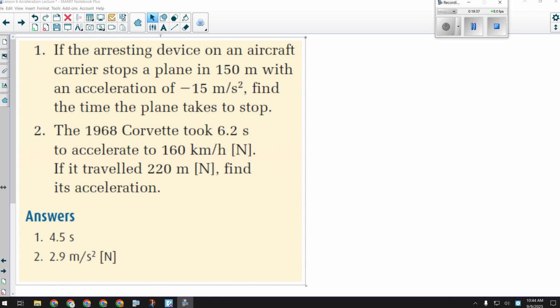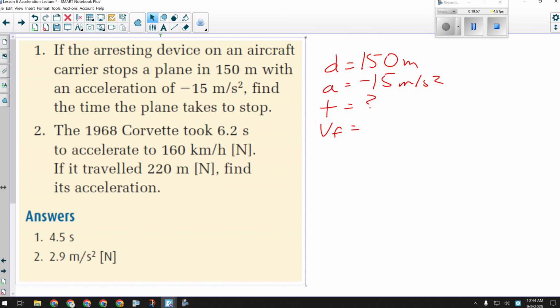We know that the distance they travel is 150 meters, and that their acceleration is negative 15 meters per second squared. We want to find the time it takes for them to come to a stop. If they come to a stop, VF is 0.